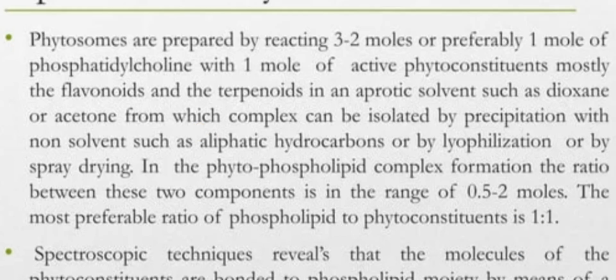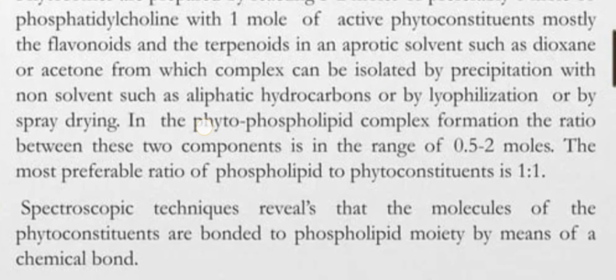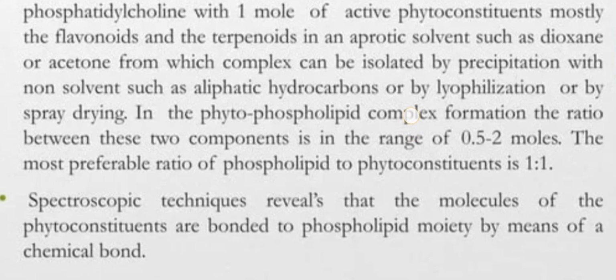The phospholipid and the phytoconstituent should be formulated in phytosome at a 1 to 1 ratio. Next, spectroscopic techniques reveal that the molecules of the phytoconstituents are bonded to the phospholipid moiety by means of a chemical bond. There are also some evaluation tests for phytosomes like scanning electron microscopy, X-ray diffraction technique, etc.